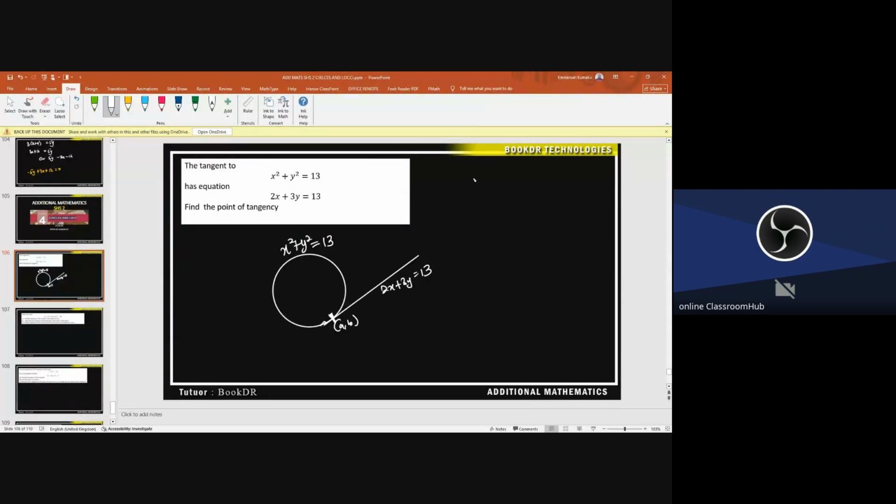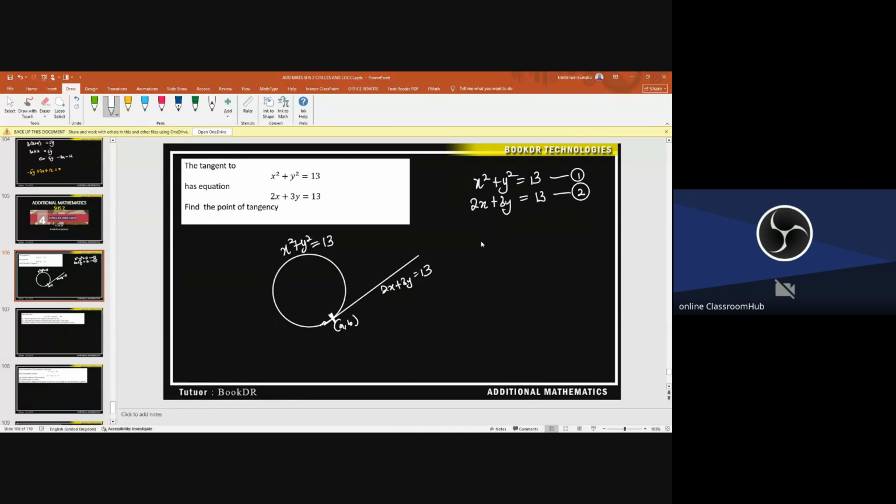So our first equation is x squared plus y squared is equal to 13. That's the first equation. And the second equation is the equation of the tangent, 2x plus 3y is equal to 13. Second equation. Good.